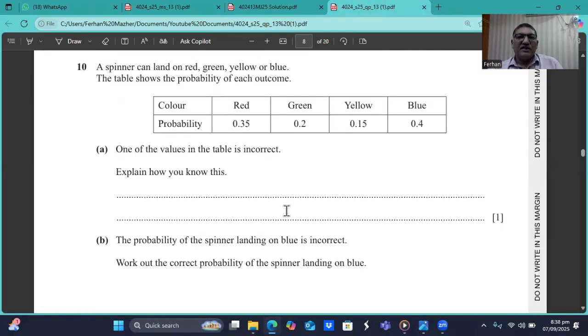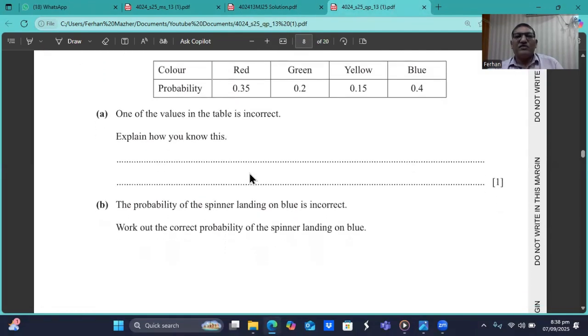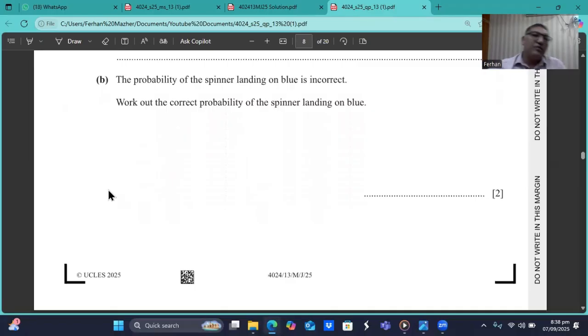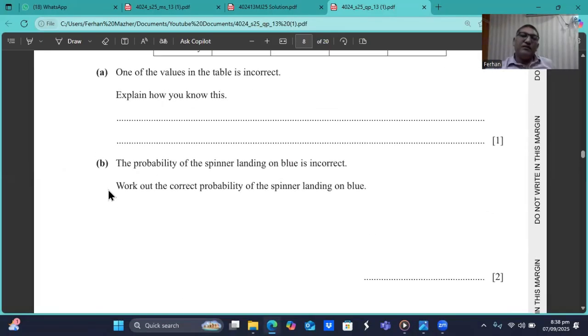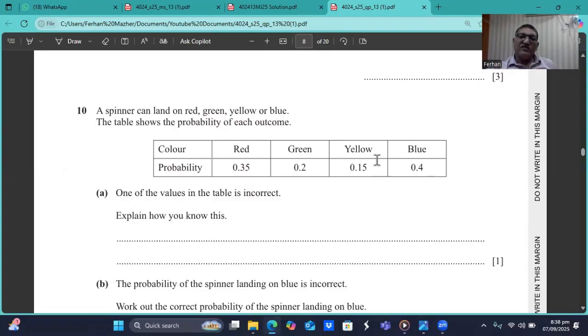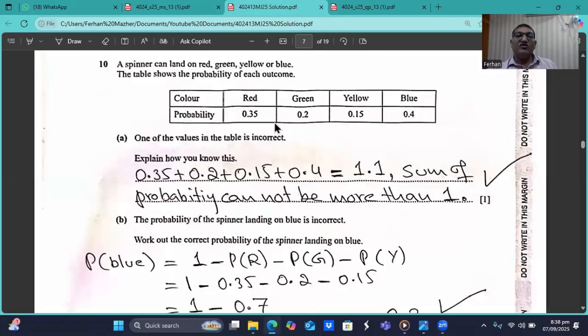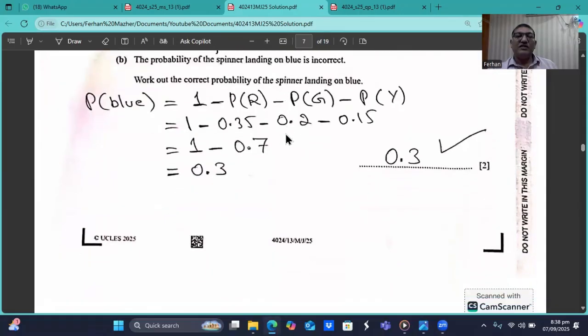Now we are going to the next question, question number 10, part B. He says the probability of the spinner landing on blue is incorrect. Work out the correct probability of the spinner landing on blue. If the blue one is wrong, let me say it is X. So 0.35 plus 0.2 plus 0.15 plus X is equal to 1, because the sum of the probabilities should be 1.